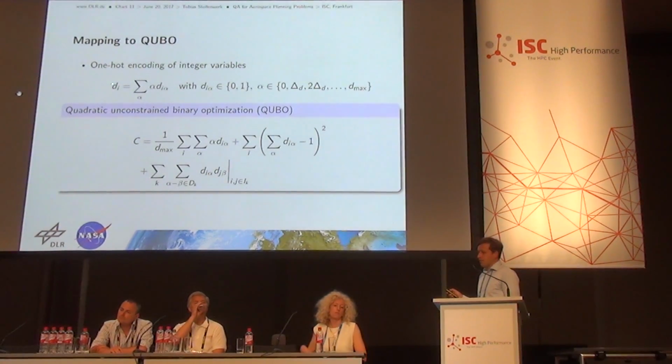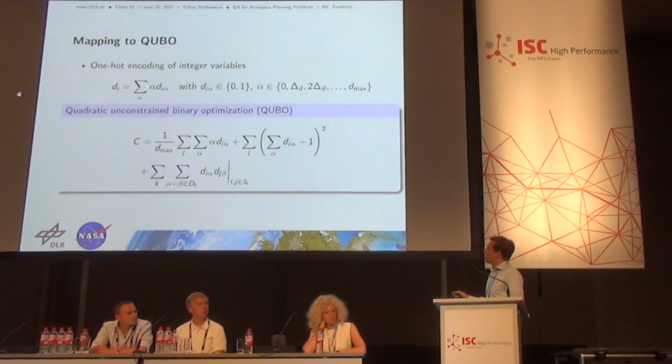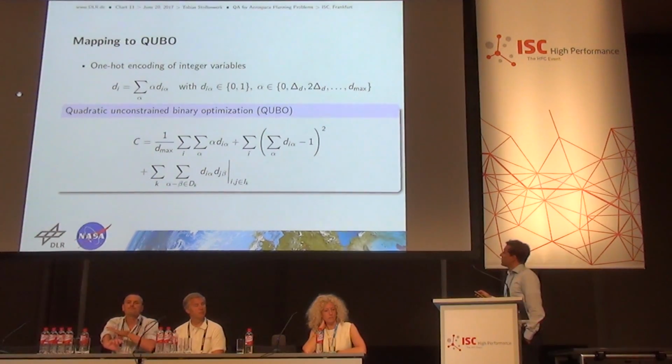So the departure delay, d_i, is written as the sum over binary variables d_i^alpha, and alpha can take all the values d_i can take, and of course if we do that, we have to make sure that for a given i, only one of these alphas is actually 1 and all the others are 0. And this we do in the following way.